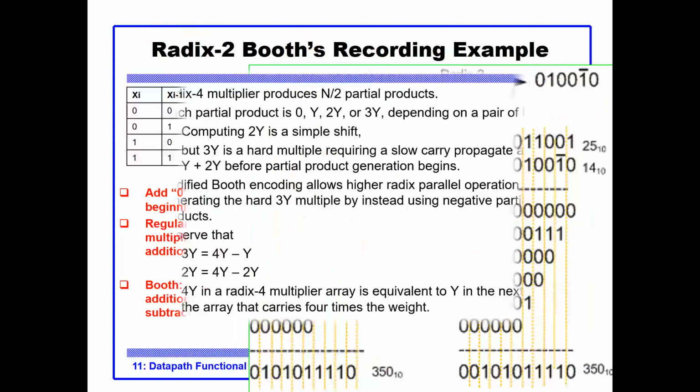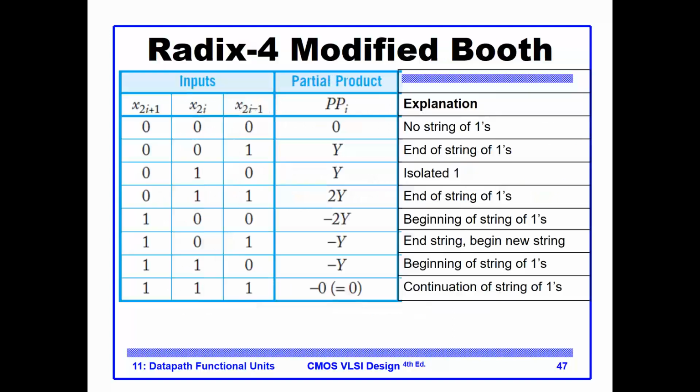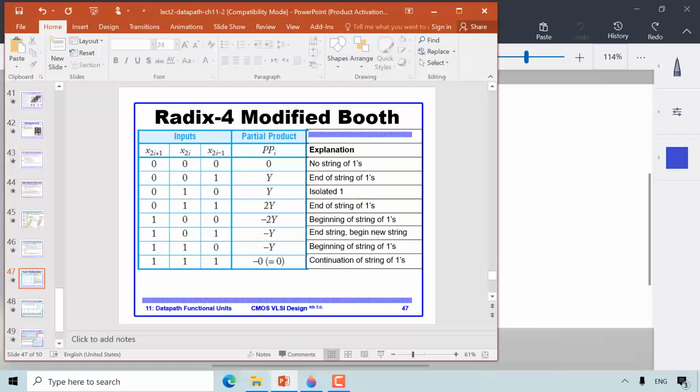Then people took this concept and went into higher levels of Radix modified Booth. What they did, they invented a method which is Radix 2 to the i, where I can reduce. Let me use the whiteboard.